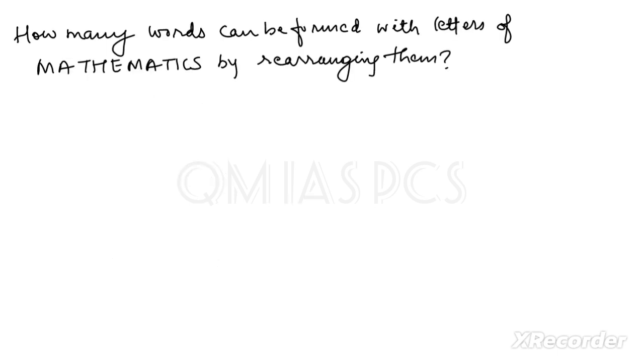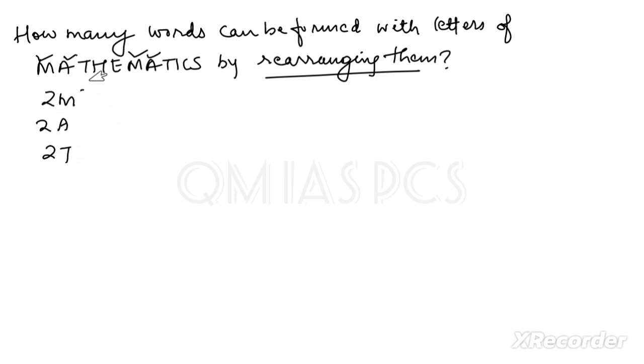So this is your first question: how many words can be formed with the letters of MATHEMATICS by rearranging them? First we have to find how many alphabets are there and how many are repeated, the identicals. If you see, there are 2 M's, 2 A's, this one and this one, and 2 T's.